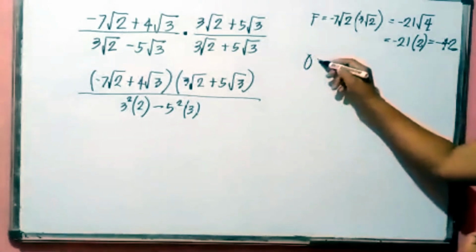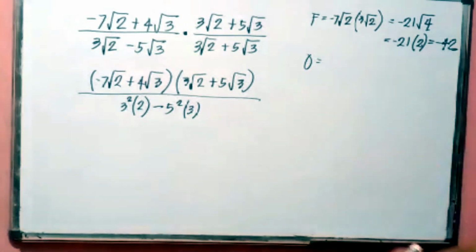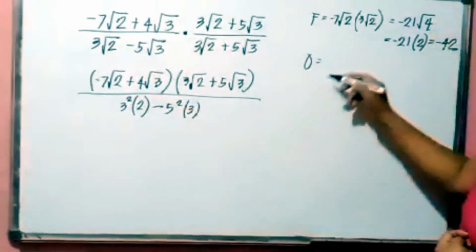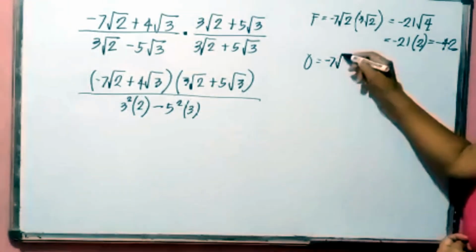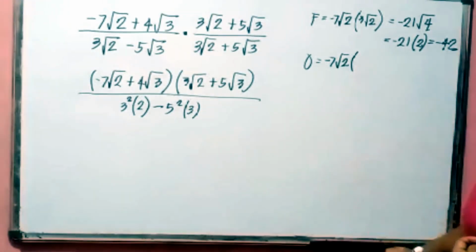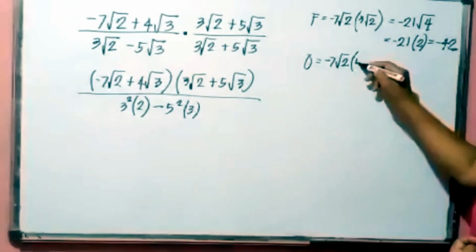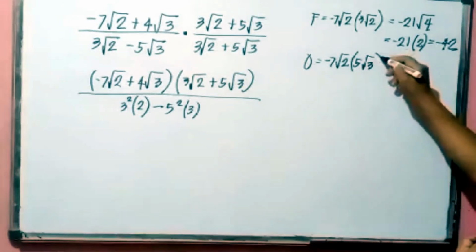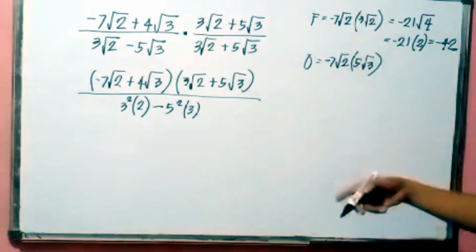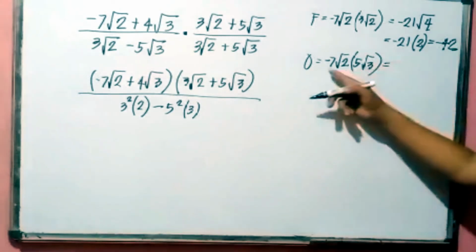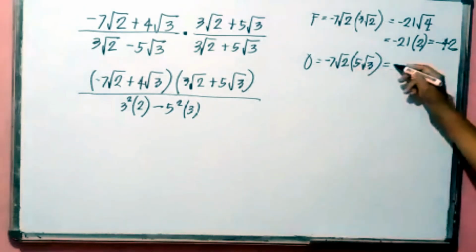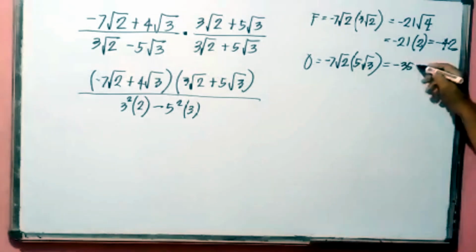O muna tayo. The outer terms. The outer terms are negative 7 square root of 2 tapos 5 square root of 3. Just like sa F kanina, out muna tayo. So, negative 7 times 5 is negative 35.